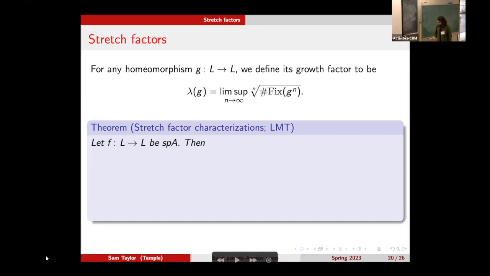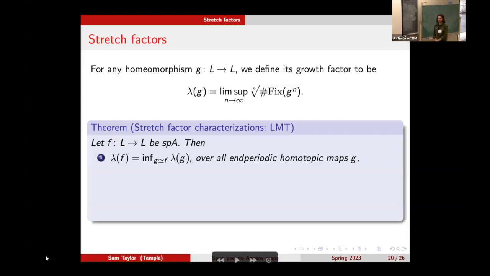So the first thing is that these spun pseudo-Anosov maps are essentially dynamically optimal in their homotopy class. For any other n-periodic map that's homotopic to my spun pseudo-Anosov map, the stretch factor of the spun pseudo-Anosov map is minimal. By dynamically optimal, I mean has the fewest number of periodic points.